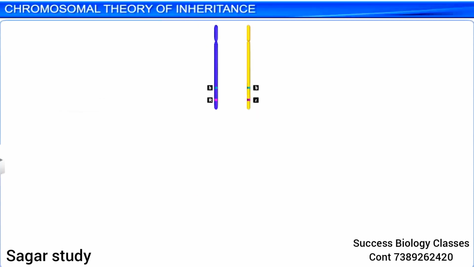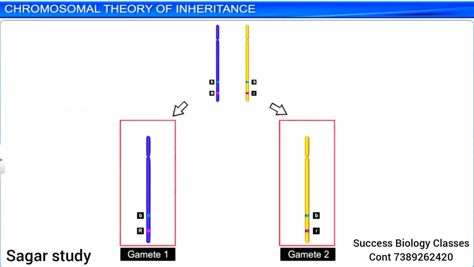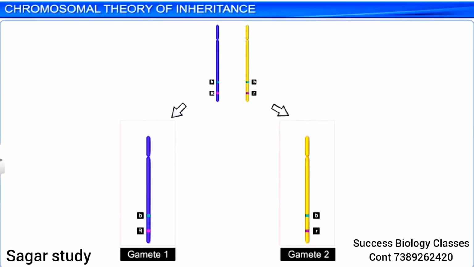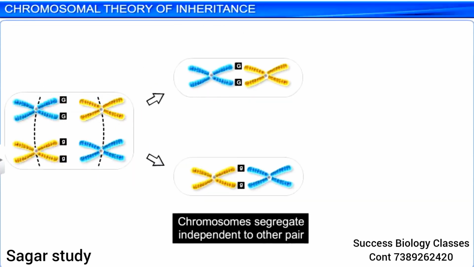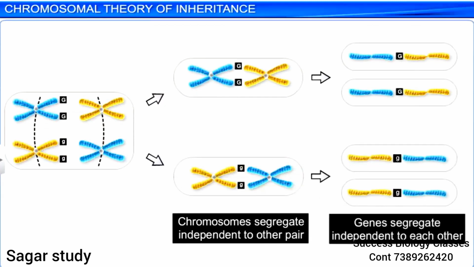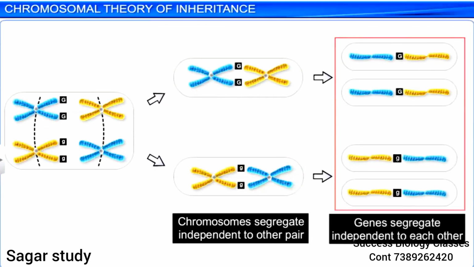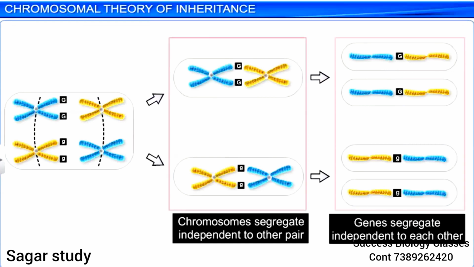Also, both chromosomes and genes segregate during the process of gamete formation, and only one of each pair is passed on to a gamete. However, they differ in the way they segregate. In genes, independent pairs segregate independently of each other, while in chromosomes, one pair segregates independently of another pair.